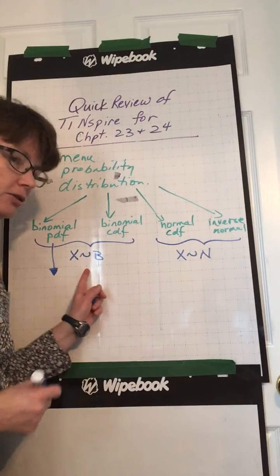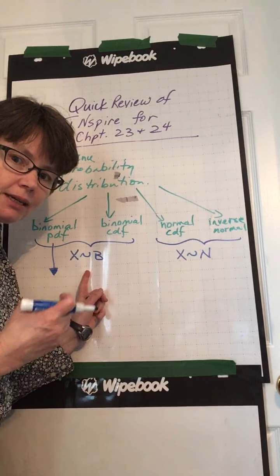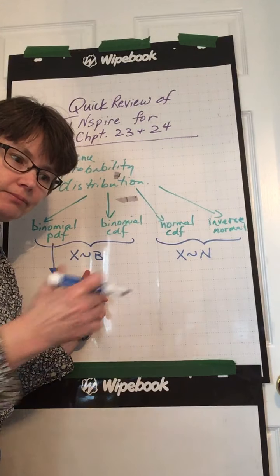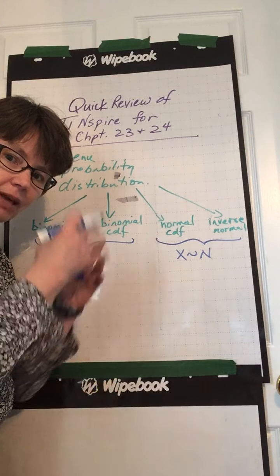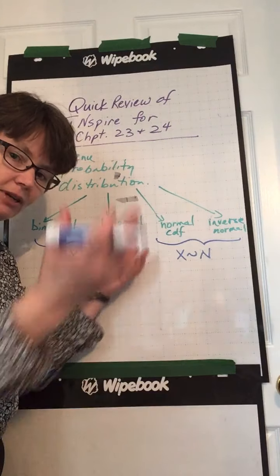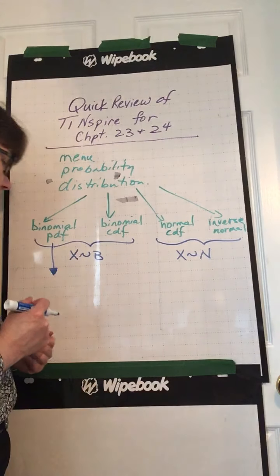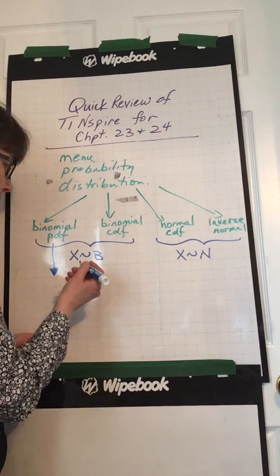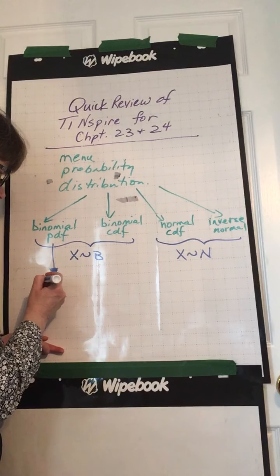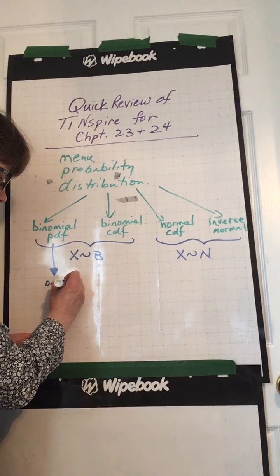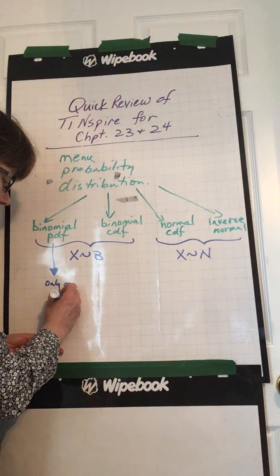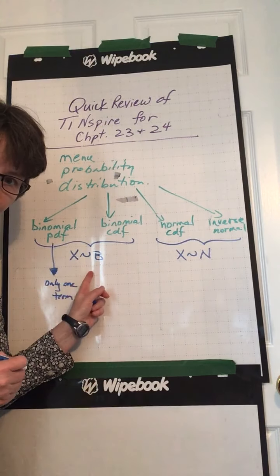This usually happens if we're choosing a random item, or choosing from a random sample of n number of things. We use binomial PDF when we're looking for only one term within that binomial expansion.